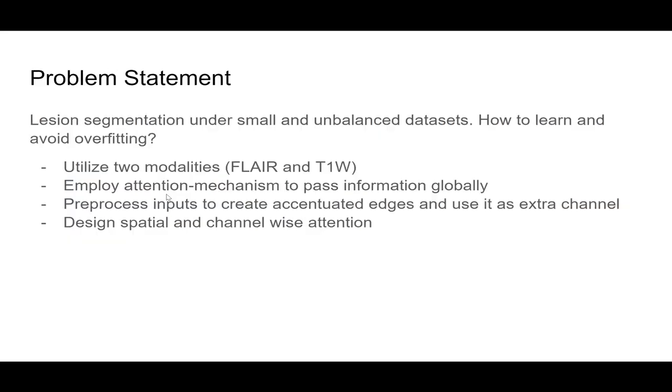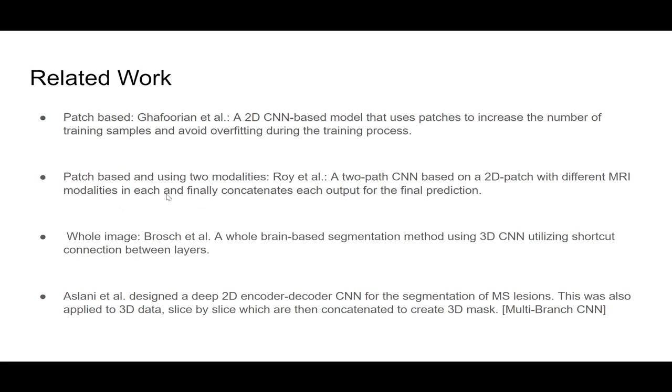We know that CNN-based algorithms for medical image segmentation are divided into image-based and patch-based methods. In previous works, when you have such limited data, many of them approach this problem using patch-based methods, so you can increase the number of training samples.